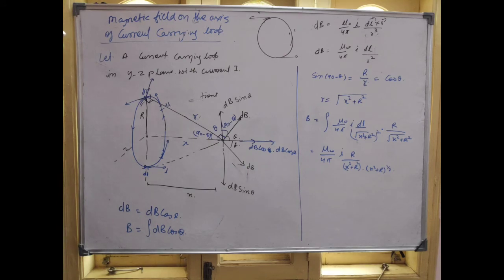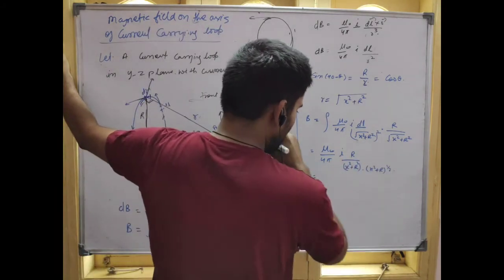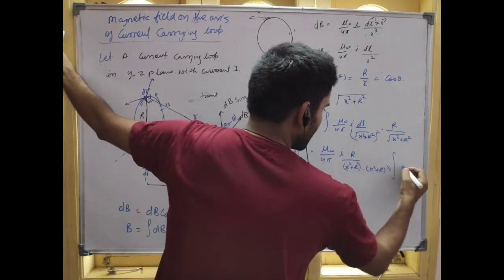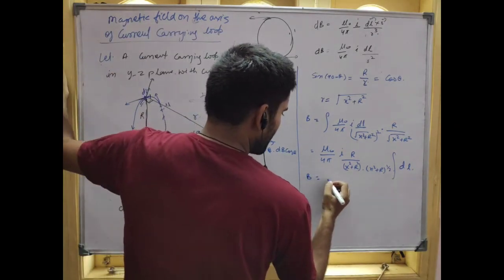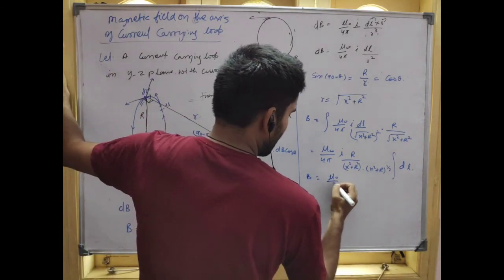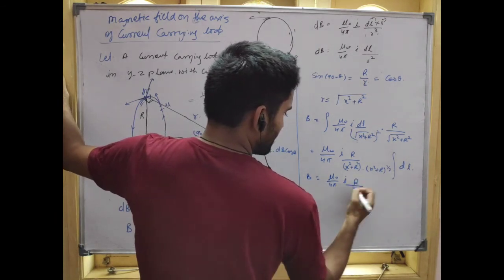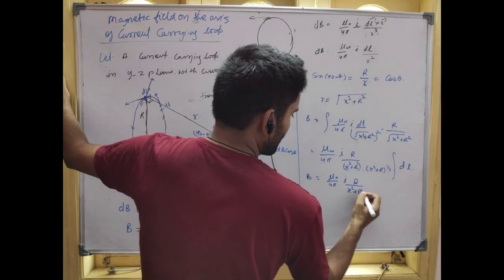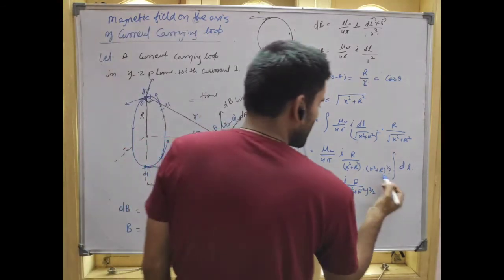So solve it now, it will be into dl. So B is equal to mu naught by 4 pi I r by x square plus r square raised to power 3 by 2. Any problem? 1 by 2 plus 1 is 3 by 2.